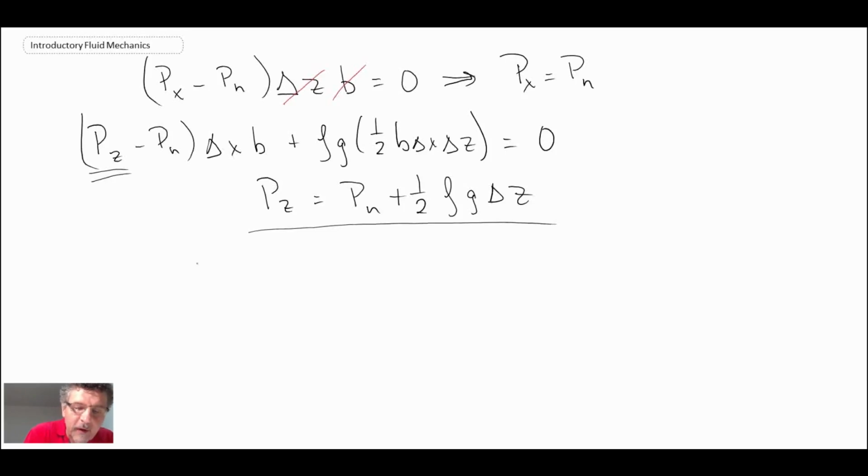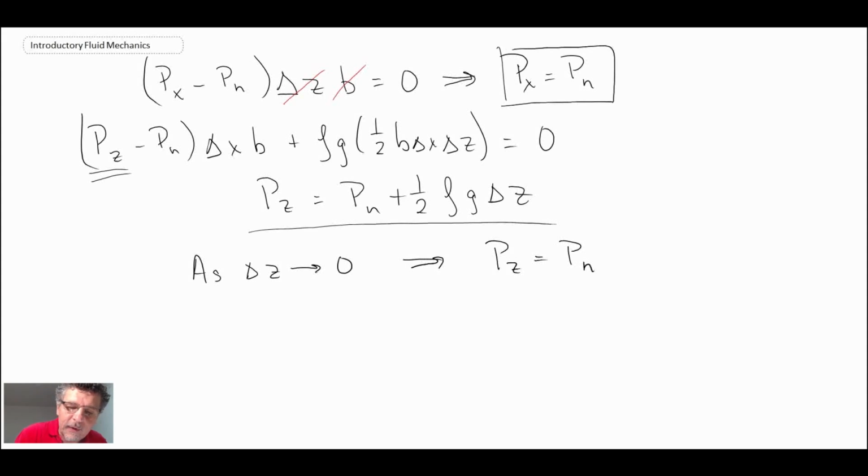Now I'm going to assume that our fluid wedge becomes infinitesimally small. So as delta Z goes to 0, we can then write that Pz is equal to Pn. That is similar to what we had for Px equal to Pn. Consequently, we can write that Px is equal to Pn is equal to Pz. And what does that tell us?